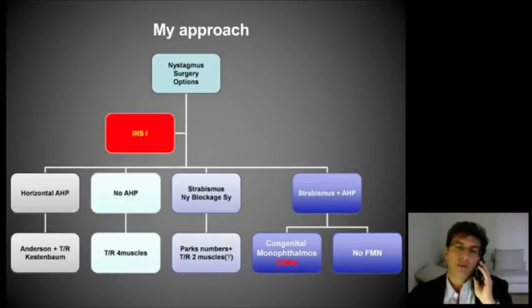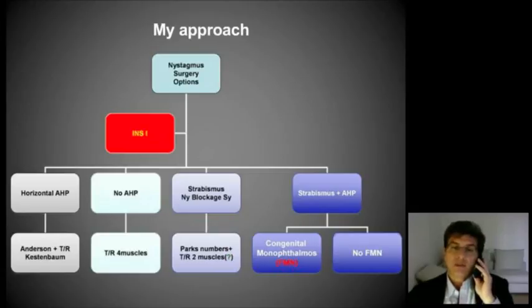What I do is treat the strabismus with the Parks numbers, but I also do the tenotomy reattachment of the other two muscles. This is not what I always do, but this is the approach I have been using in the last few years, I would say 2 years, with some success.